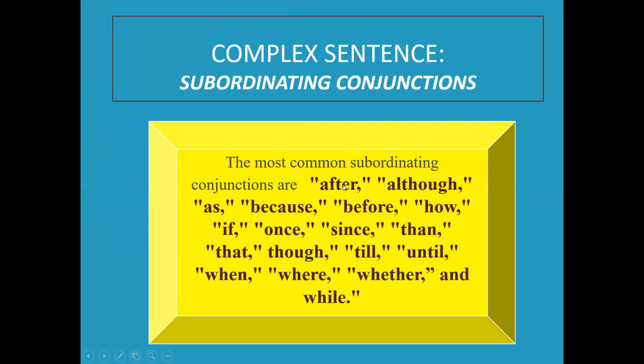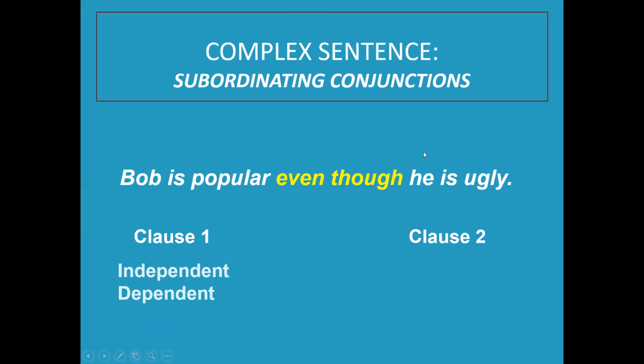For example, some of the most common subordinating conjunctions are after, although, as, because, before, how, if, once, until, where, while, etc. So many subordinating conjunctions we can use there.